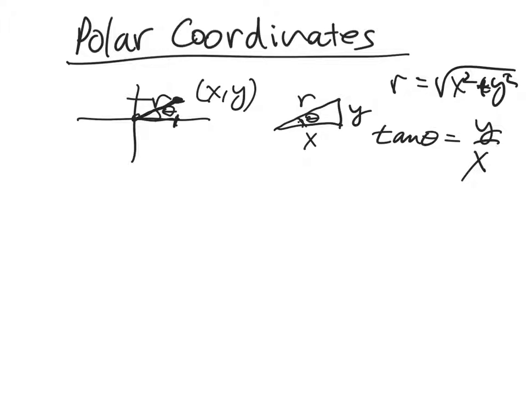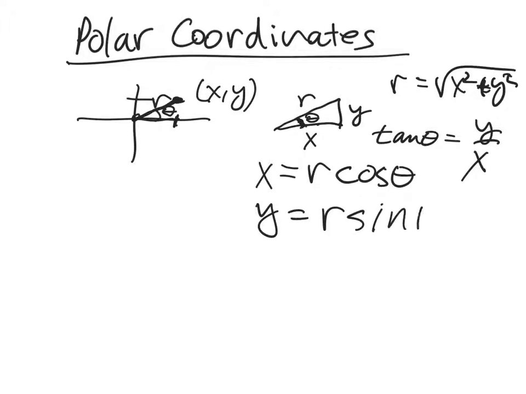Or, in terms of what the polar coordinates are in terms of x and y, that's just by the definition of your sine and cosine. Cosine of theta would be x over r, so x is r cosine theta. y would be r sine theta.